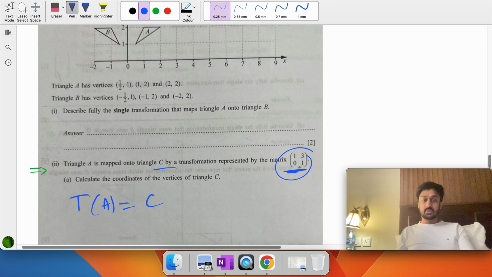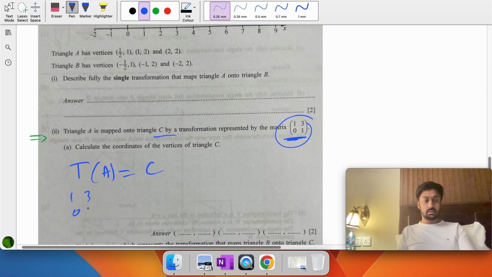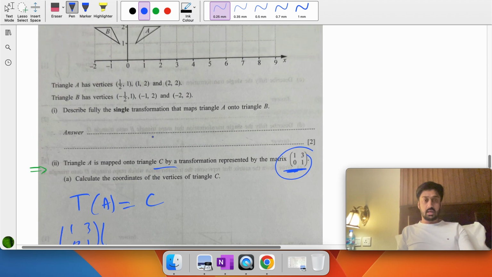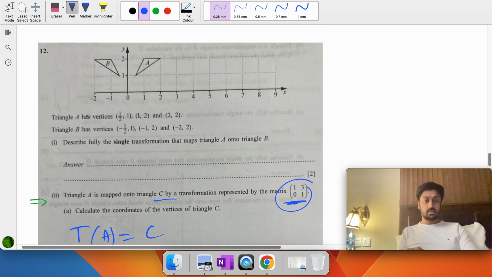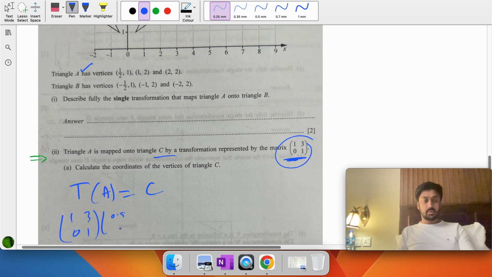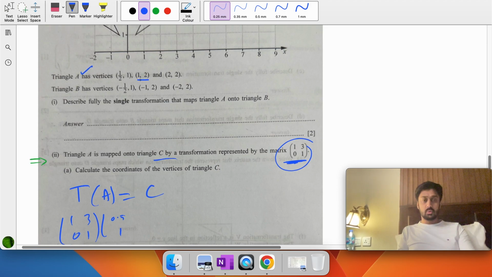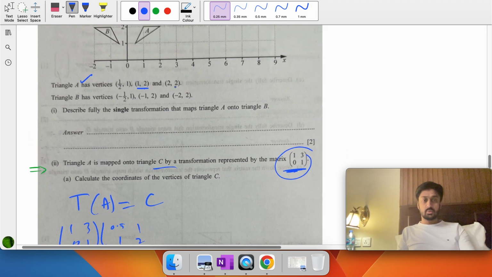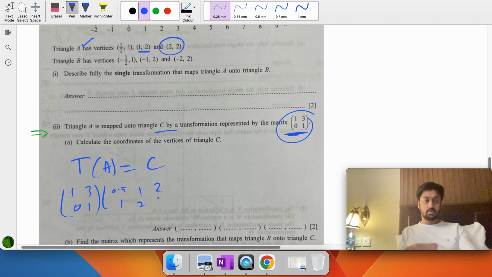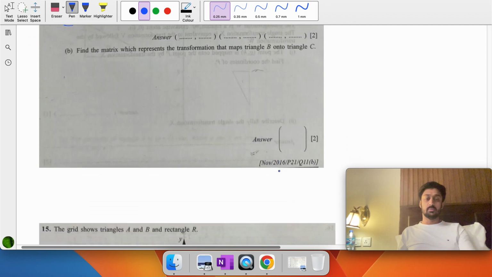The transformation is 1, 3, 0, 1. For A, copy the coordinates of A. You're given A as well, and you can read it from the diagram. So this is 0.5 and 1, then 1, 2, then you have 2, 2. Just multiply row into column and you will be good to go.